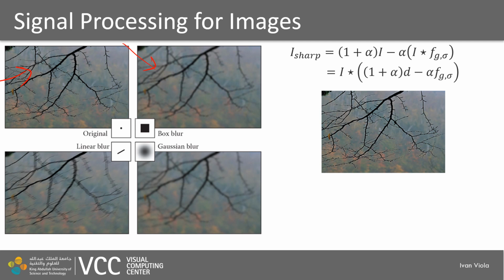Another representation, which is a little bit more smooth, is this Gaussian filtering here. And if our filter kernel is, for example, a line like here, then we will create an anisotropic filtering, which almost looks like the camera has been moved while the picture was shot.